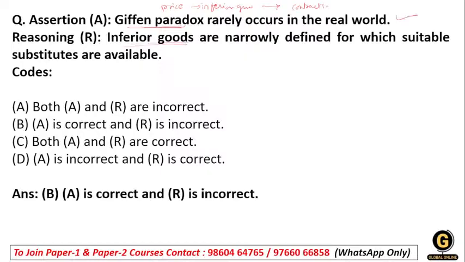Contracting means they do not have easily available substitute goods. Not all inferior goods have easily available substitutes. They define inferior goods narrowly, as goods for which substitutes are available, but this is wrong because inferior goods have easily available substitute goods. That's why option number A is correct over here.